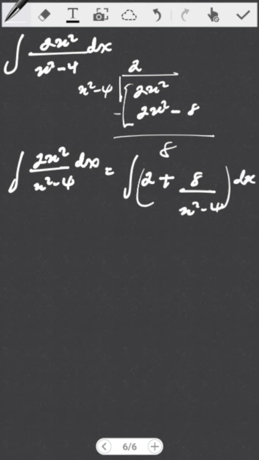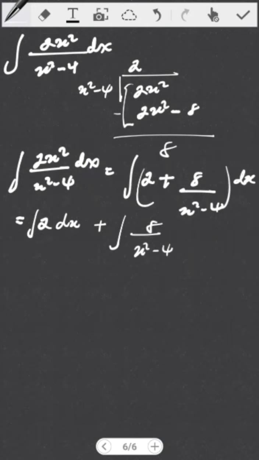To work this out, I integrate: 2 dx, plus the integral of 8 all over x squared minus 4 dx.